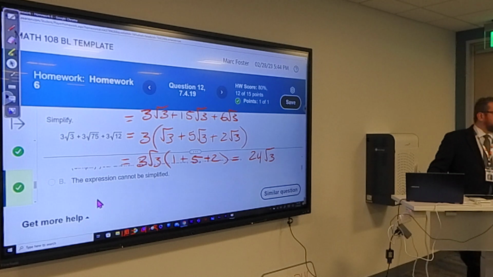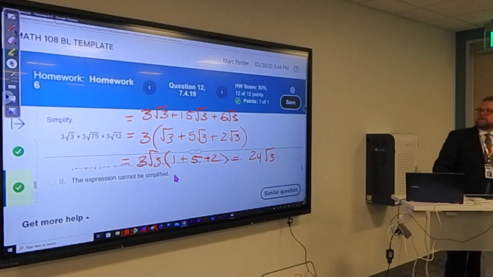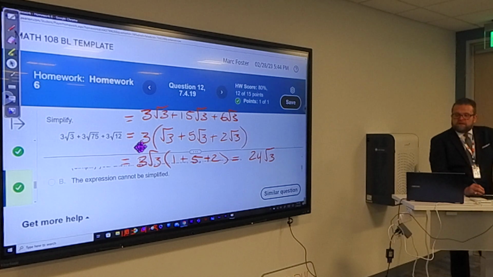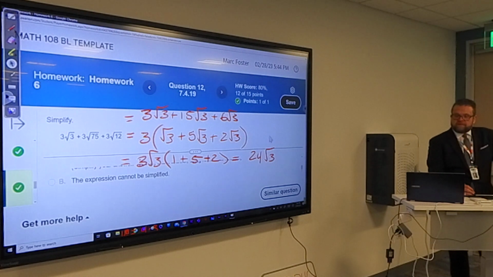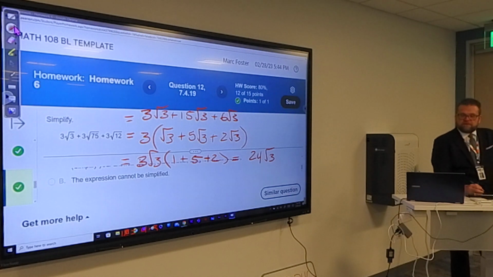So you distribute the 3 on the outside, or you just multiply it. Each of these terms has a 3. The GCF is at least 3.